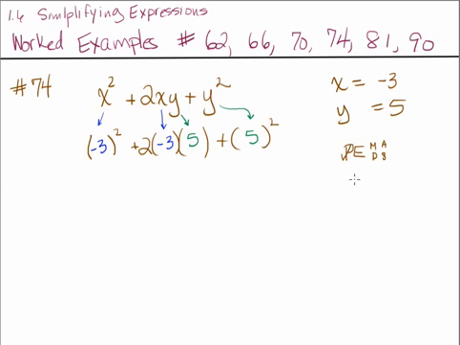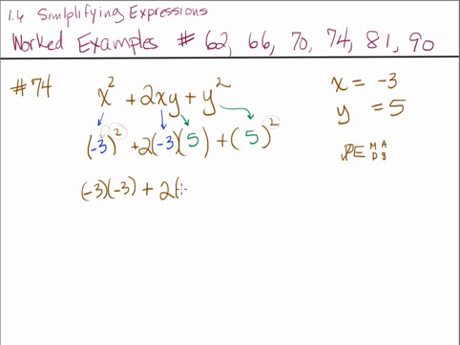I've checked it, but there's nothing to do. The next one is exponents. That's this superscript. Squared, or to the second power, means multiply that thing by itself 2 times. In this case, that's going to mean multiply -3 by itself twice, and then add.